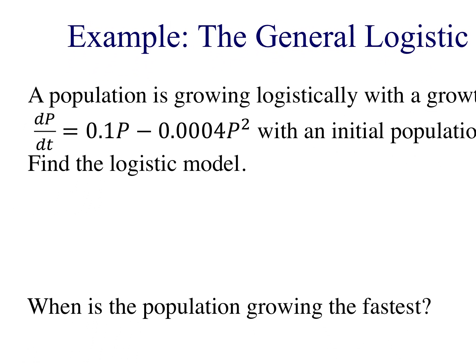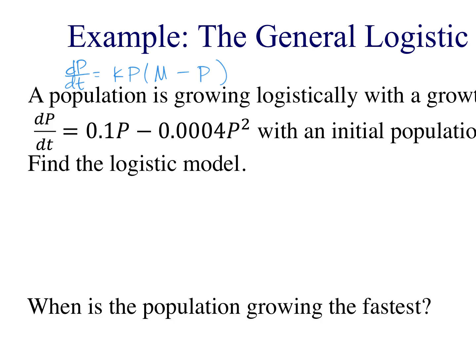So I want to get this written in the model where dp over dt has a k and a p and an m and then a minus p. So I need to factor this. So what do I need to pull away from that last p squared term? I need to pull away a p, so it gets down from p squared to p. What else should I be able to pull away?